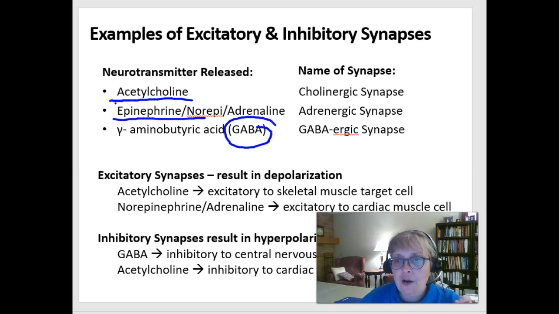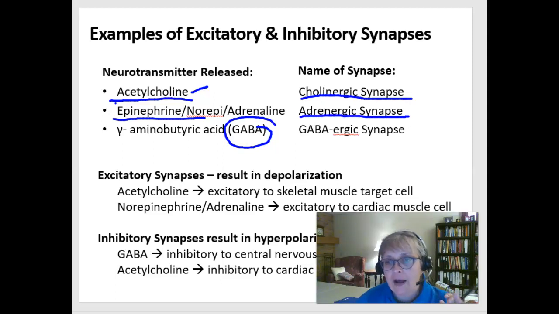The name of a neuron and the synapse that it forms that releases acetylcholine is called a cholinergic synapse. When epinephrine is released, we call it an adrenergic neuron. That's because adrenaline is a lot like epinephrine in terms of how it chemically acts.